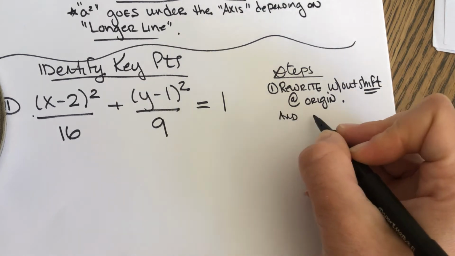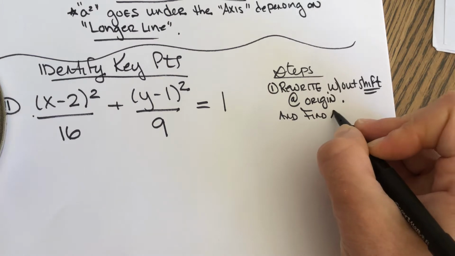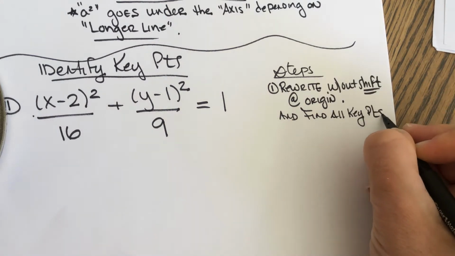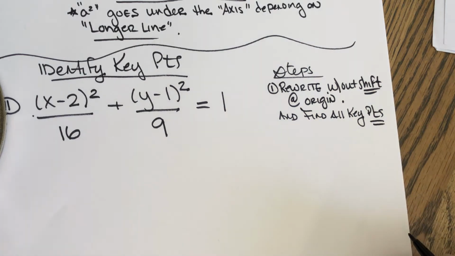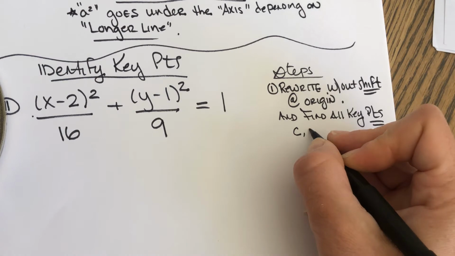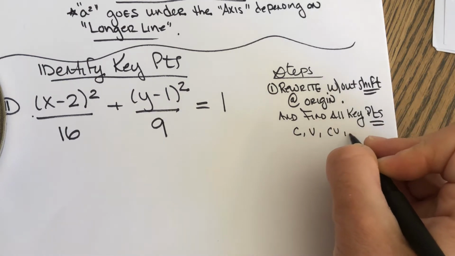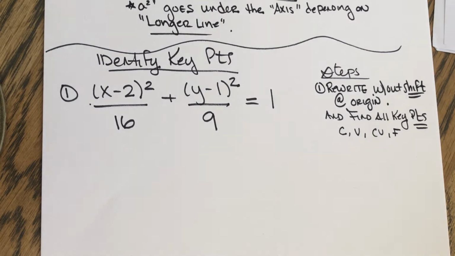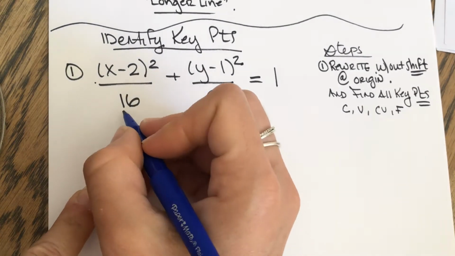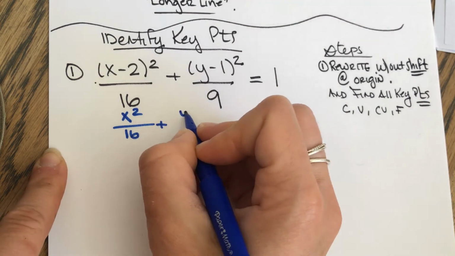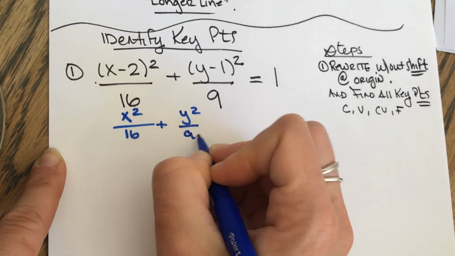And we're going to say, and find all key points. The key points are your center, your vertice, your co-vertice, and your foci. So that's going to be step 1. Why don't we go ahead and do that before we even talk about another step. So here it is, x squared over 16 plus y squared over 9 equals 1.